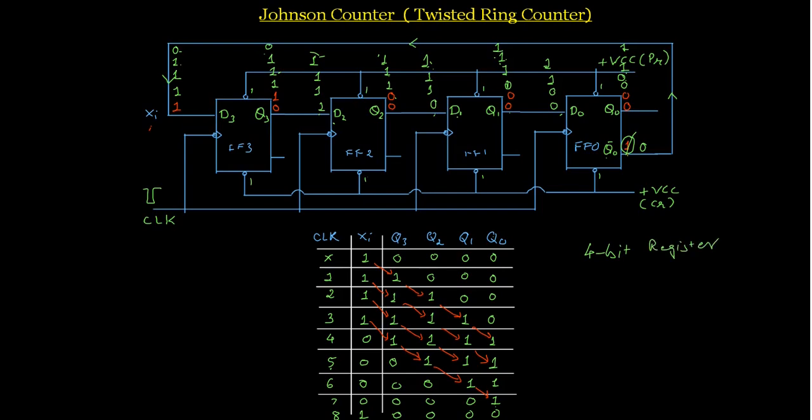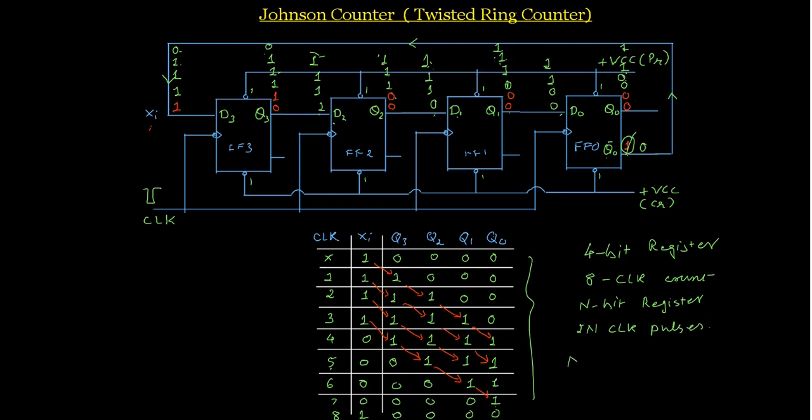It means that we use 4 flip-flops and it is going to count 8 clock pulses. So a 4-bit register can count 8 clock pulses. So if we have an n-bit Johnson register, then it will count 2n clock pulses.